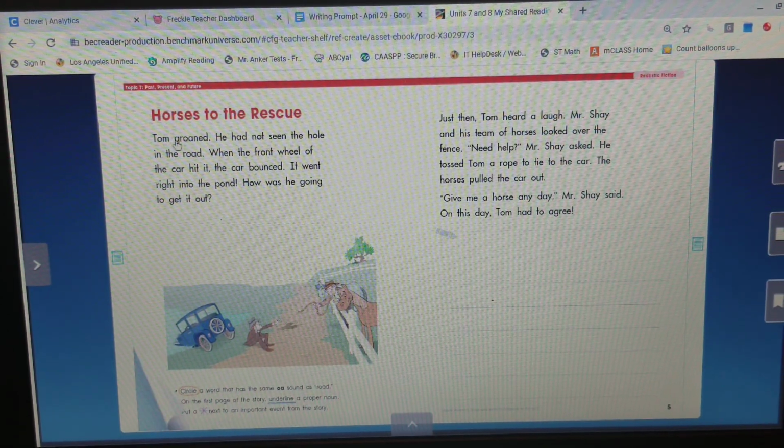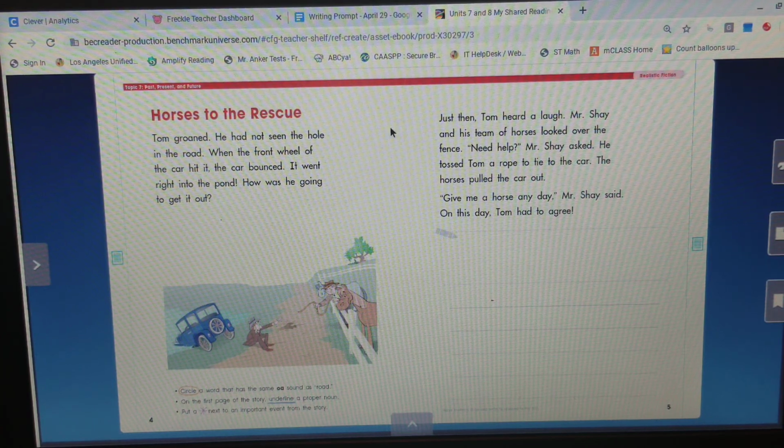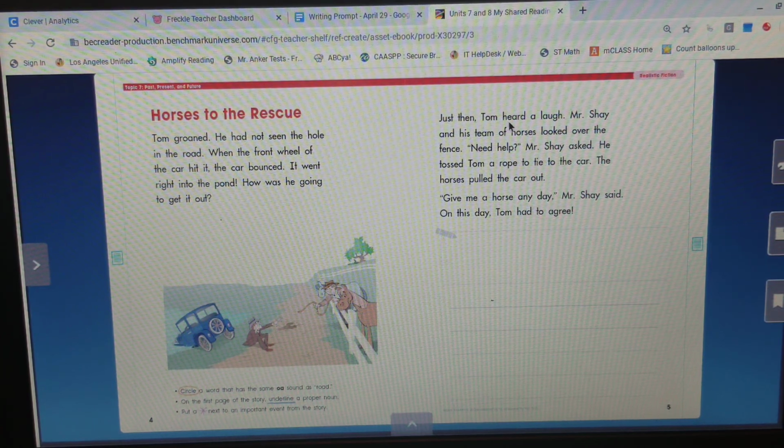Okay. Tom groaned. He had not seen the hole in the road. When the front wheel of the car hit it, the car bounced. It went right into the pond. How was he going to get it out? Just then, Tom heard a laugh.